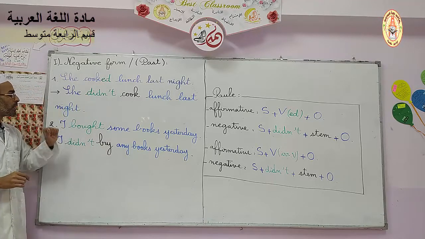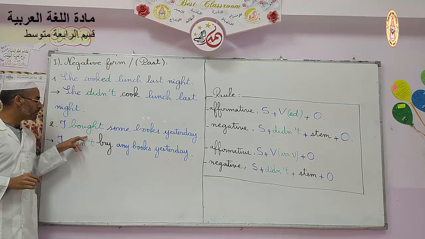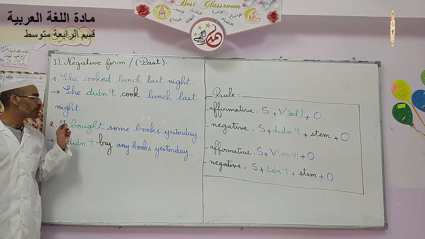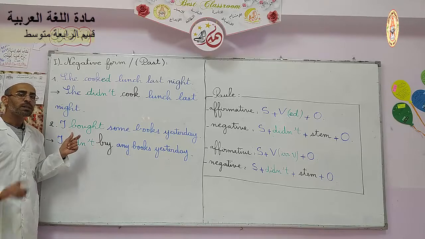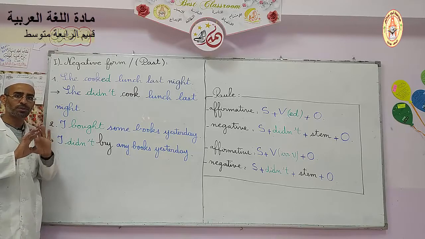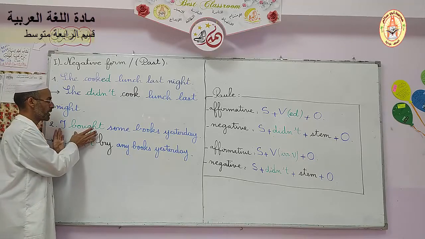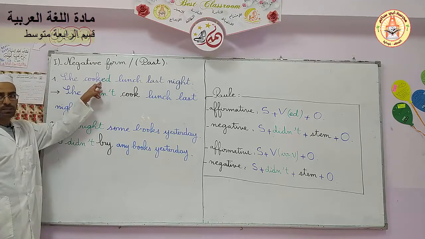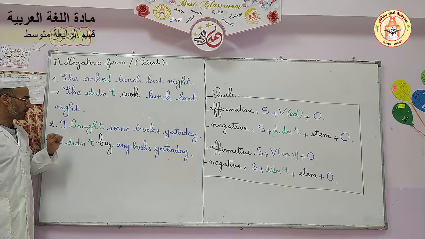But bought is an irregular verb. Why? Because it doesn't take the rule. There is no rule in these verbs. They are irregular. It's the opposite of this verb. This is regular and this is irregular.